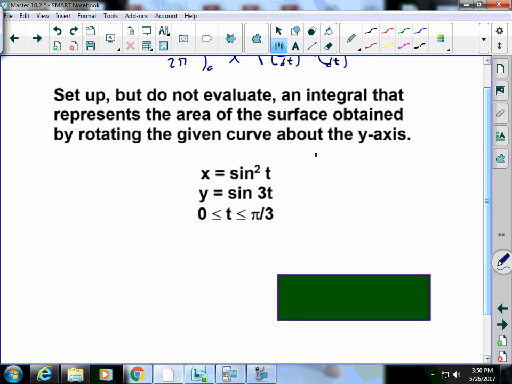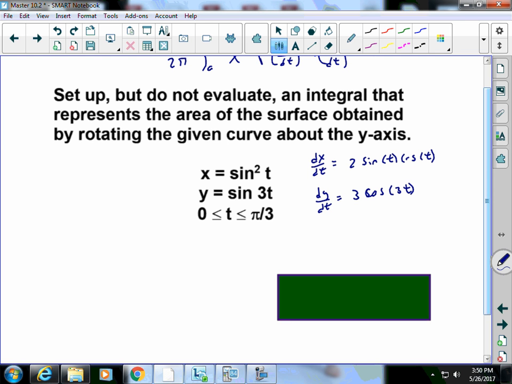So let's find out what is dx dt. Dx dt is 2 sine t cosine t. Dy dt is equal to 3 cosine 3t. All right. So we have to square these.